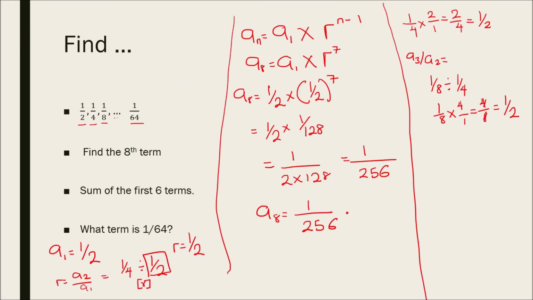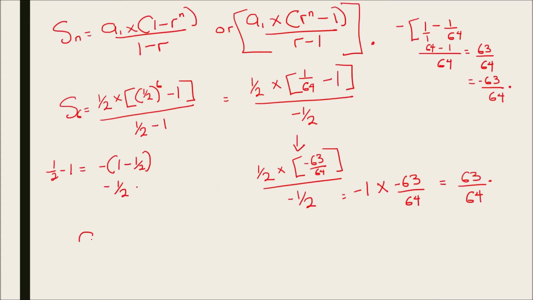How about now, what term is 1 over 64? So we have 1 over 64 here. Is it the fifth term, the sixth term, the seventh term? Now remember our formula: A_N equals A1 times R to the power N minus 1.